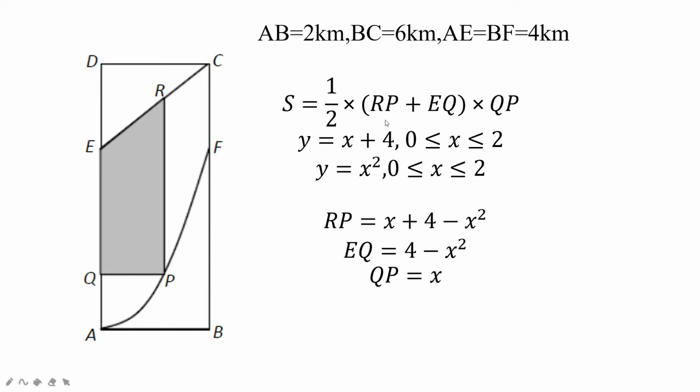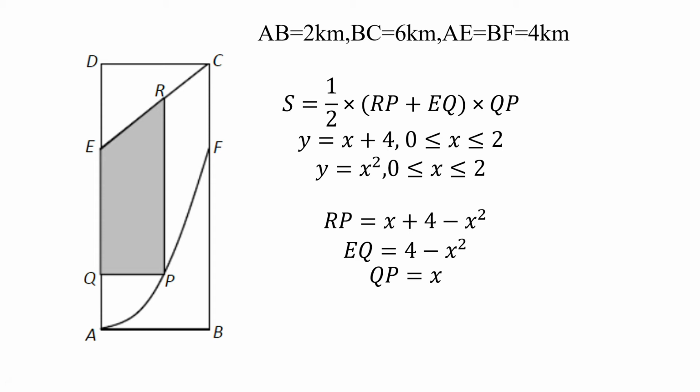So what is RP? We know the height of R is x plus 4, and the height of P is x squared. So RP equals x plus 4 minus x squared. And let's see about EQ. EQ equals EA minus AQ.